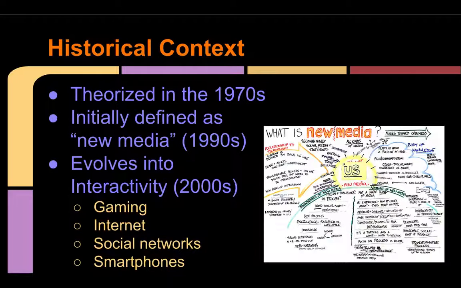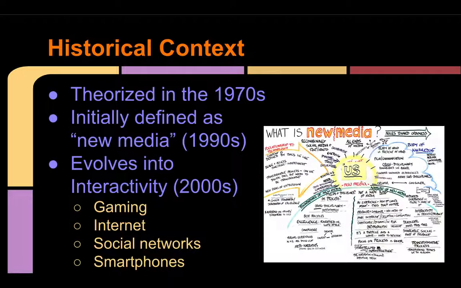However, new media isn't entirely the best name for it, and it evolves into what we now refer to as interactivity theory. And we see the first initial research on interactivity and its evolution from new media as it surrounds gaming and those types of interactions with computers, as well as the internet as a whole and how that's continued to evolve through various components there.